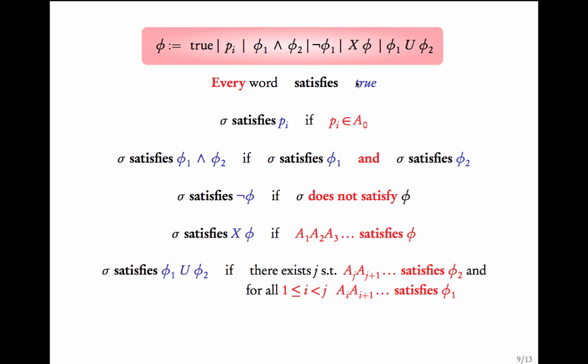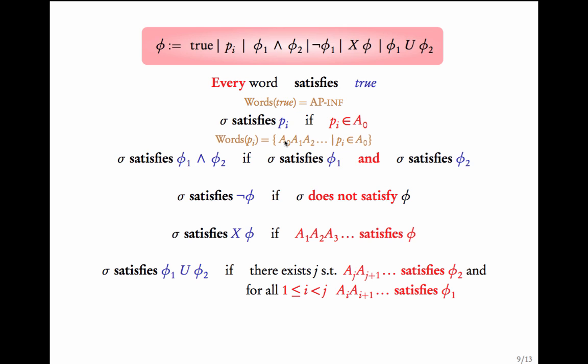What about Words(true)? Since every word satisfies true, Words(true) will be the entire set AP^inf. What about P1? P1 is an LTL formula. The set Words(P1) is going to be the set of all words such that P1 is in A0.